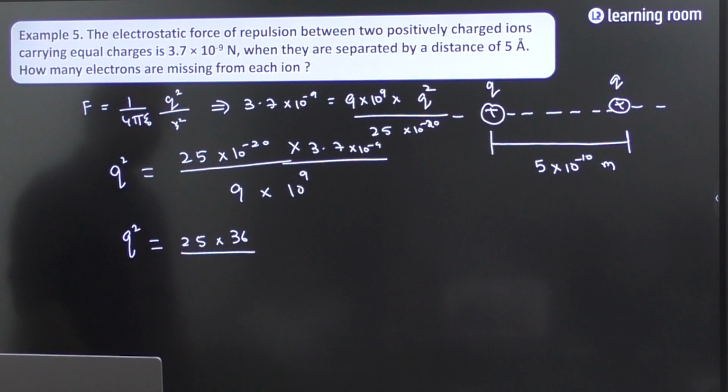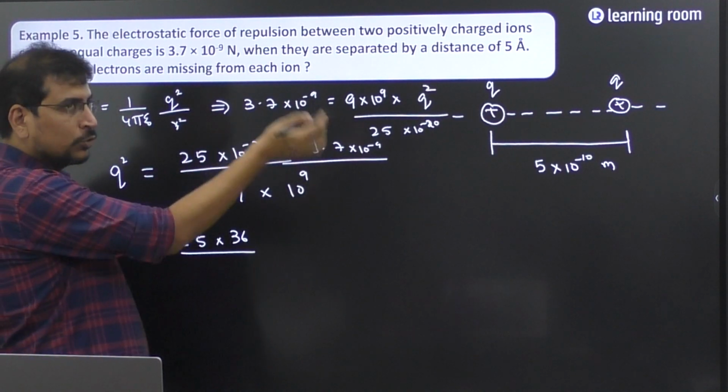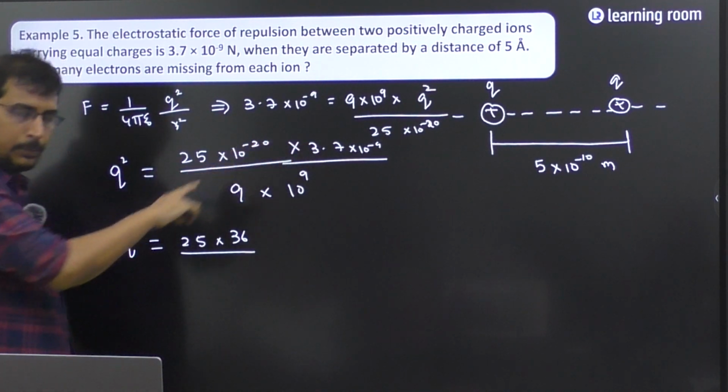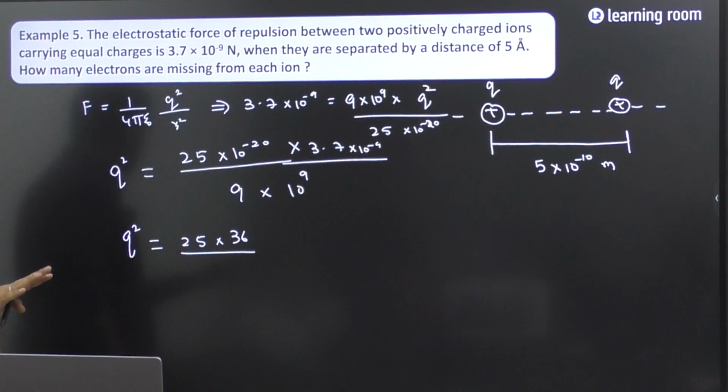Okay. Then 36 means how much should be the number I should push it? See, 3.7, if I write it as 37, how do I write it? 37 into 10 power minus 1. Okay, I just wanted to approximate so that it's easy to solve. Okay, so if I make it as 36, then how much should I multiply it? 10 power minus 1. Right.